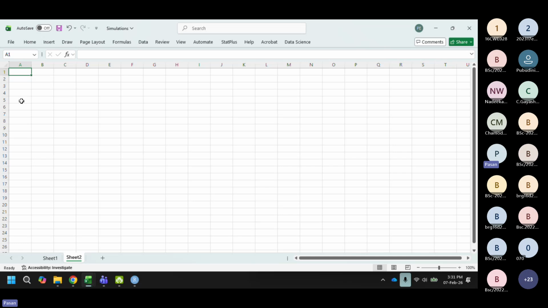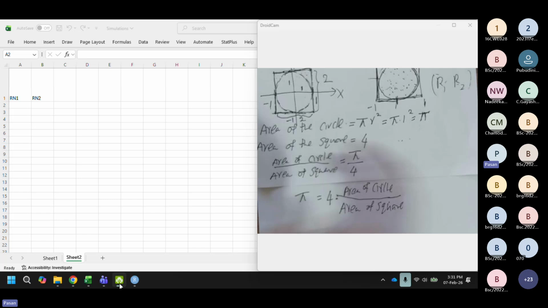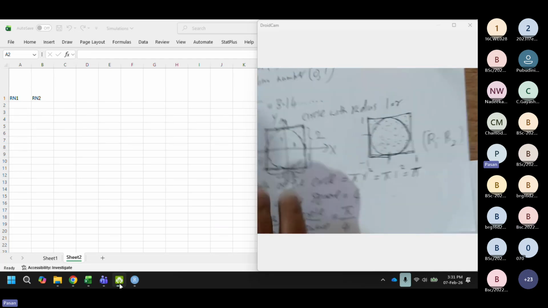So I will write down random number 1 and then random number 2, right? So I have the two random numbers representing this one, R1 and R2.